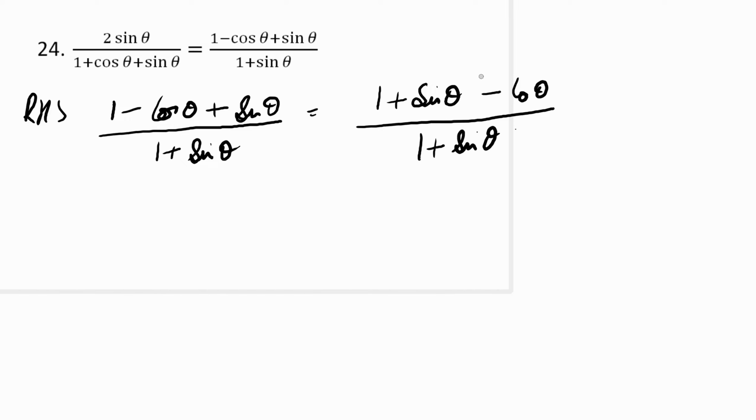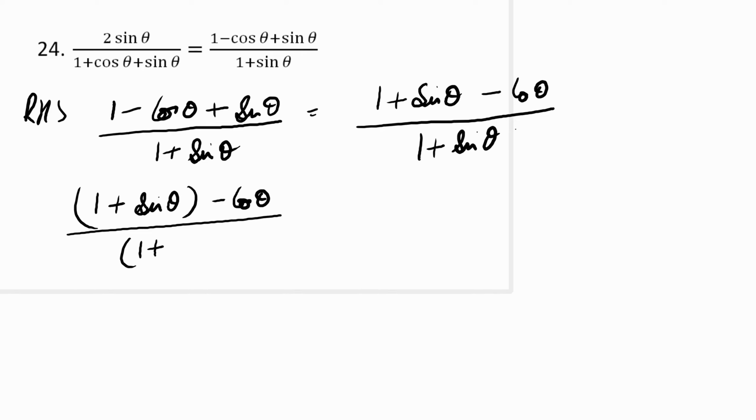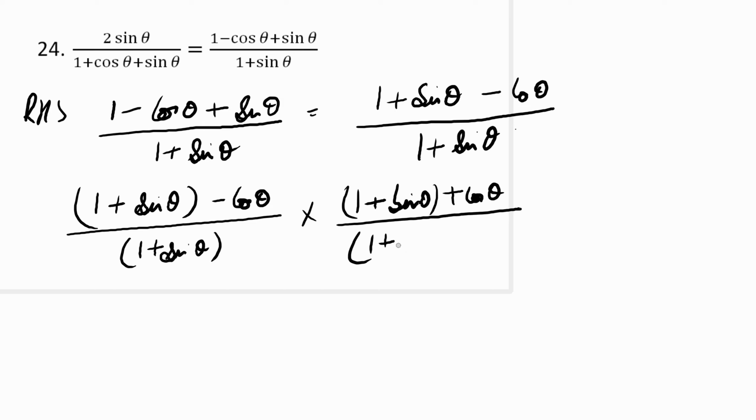Then we will multiply by 1 plus sin theta minus cos theta upon 1 plus sin theta, multiplied by 1 plus sin theta plus cos theta upon 1 plus sin theta plus cos theta.